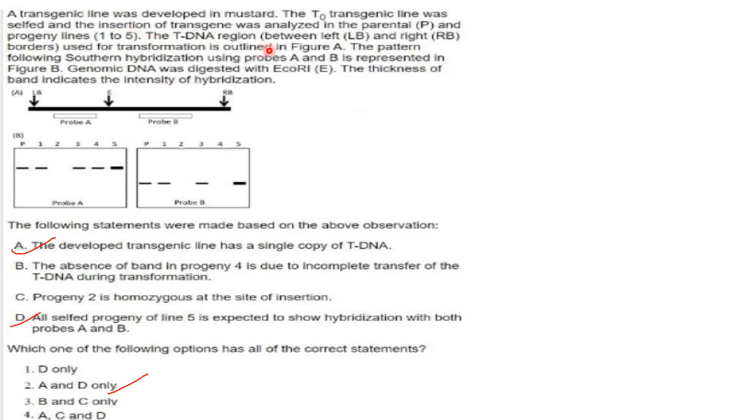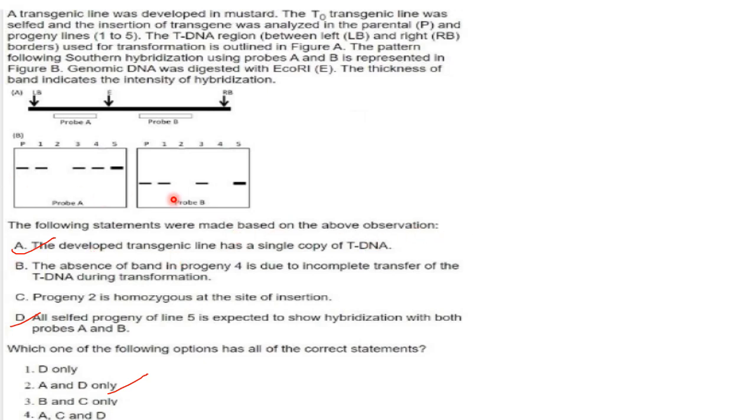The T-DNA region between the left and the right borders used for transformation is outlined in figure A. The pattern following Southern hybridization using probes A and B is represented in figure B. Genomic DNA was digested with EcoRI. The thickness of the band indicates the intensity of hybridization. The following statements were made based on the above observation.